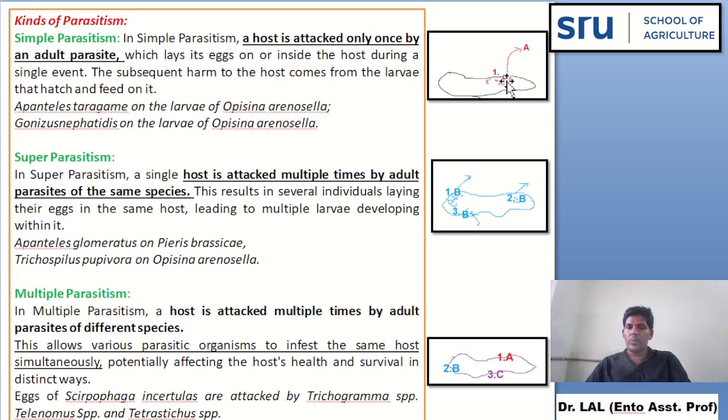Examples are Apanteles taragamae, which attacks only once, and Goniozus nephantidis, which attacks Opisina arenosella only once. In superparasitism, the host is attacked multiple times, that is one time, two times, three times.